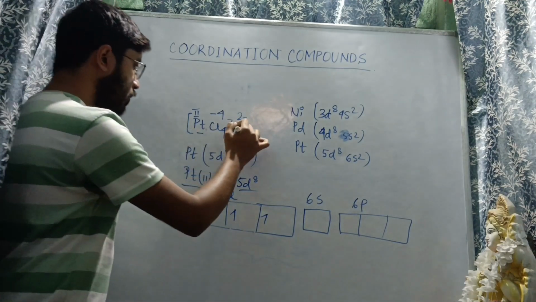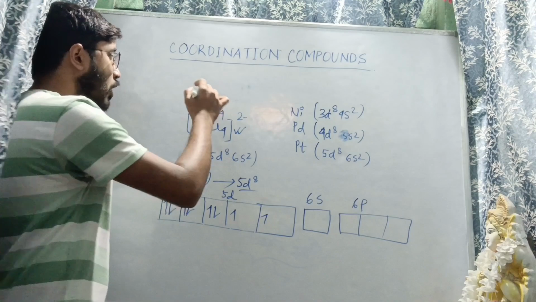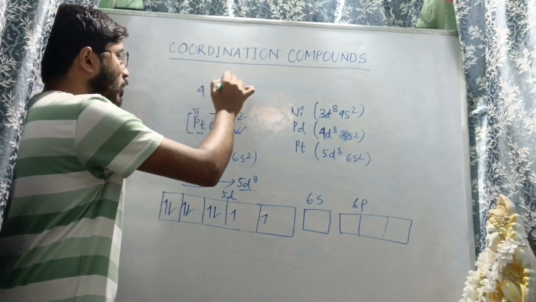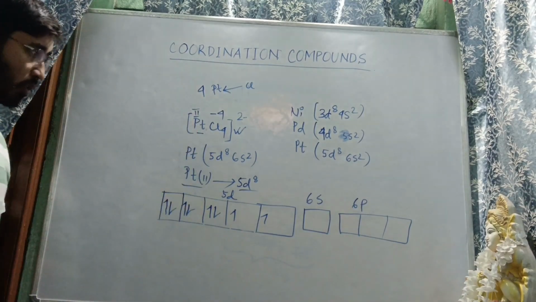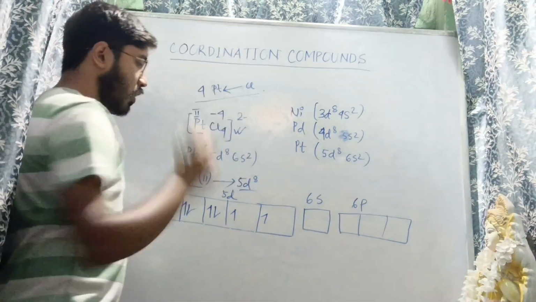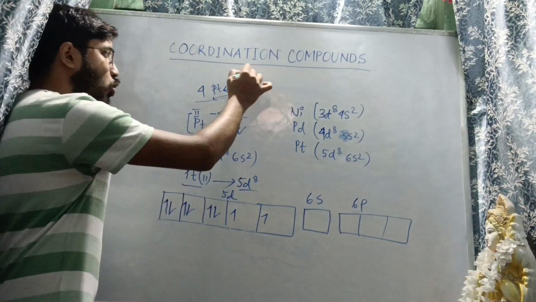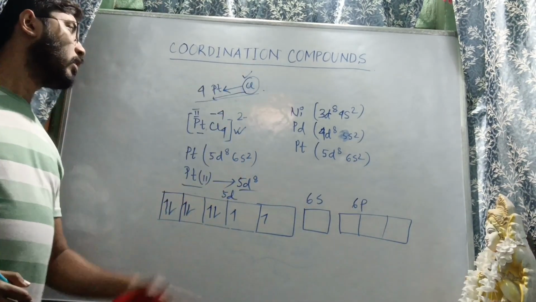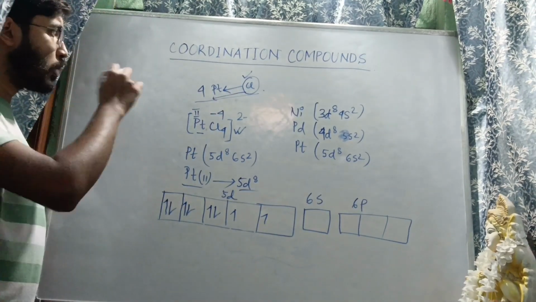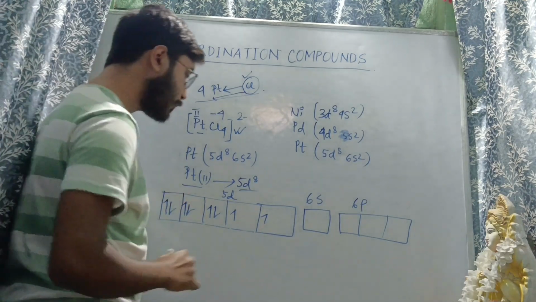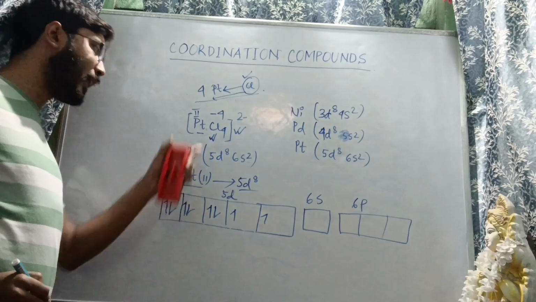So our target is to form PtCl4, which means 4 platinum-chlorine coordinate bonds are there. In the formation of these bonds, 2 electrons are donated by chlorine to the outermost orbitals of the platinum metal. We know that chlorine is a very weak ligand.